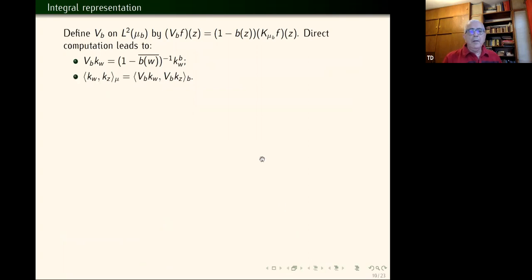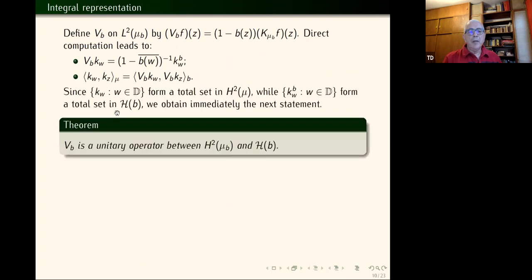And then we define this operator on L2 of mu B by this formula. We take the Cauchy transform and then we multiply it by 1 minus b of z. Now, what happens here is that if we compute, we find out that if we apply VB to the Cauchy kernels in the first space in L2, we get this formula.